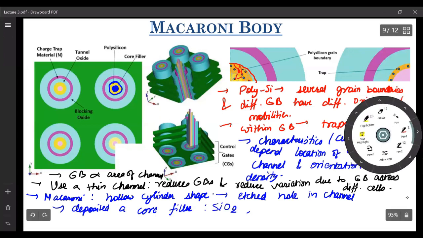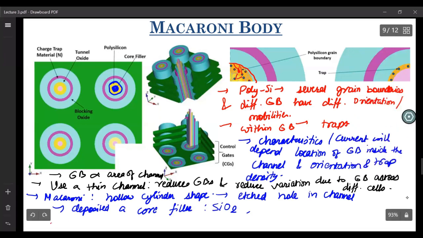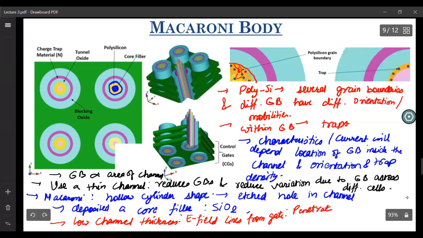Also, if you have a low channel thickness, your electric field lines from the gate penetrate the whole channel, and this leads to very good electrostatic control.